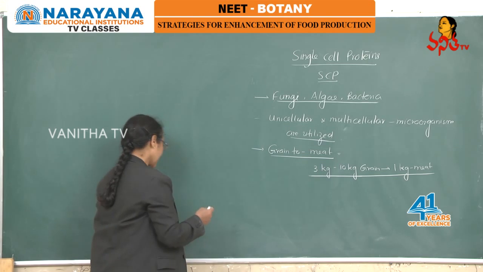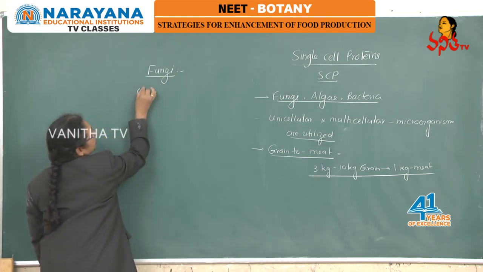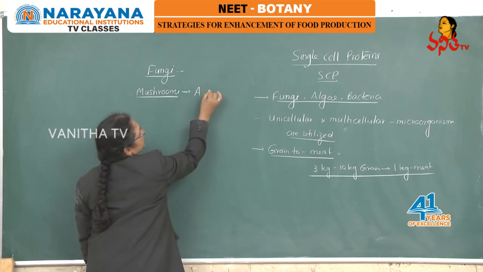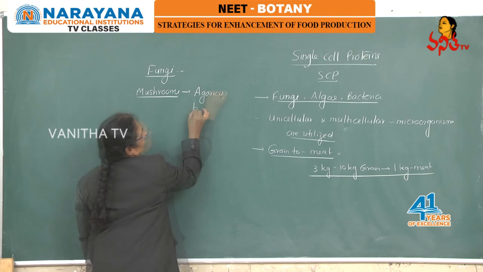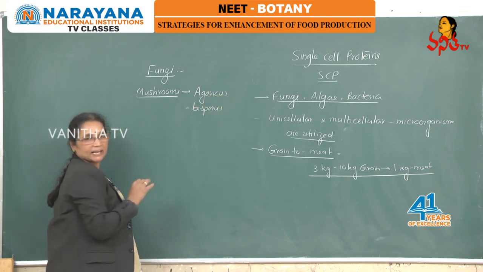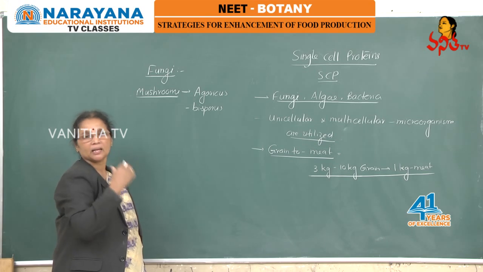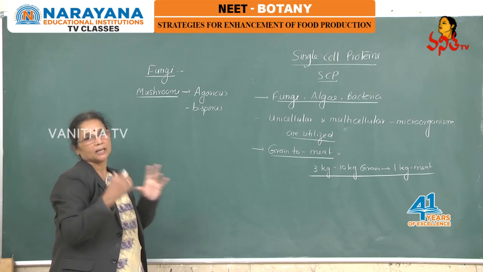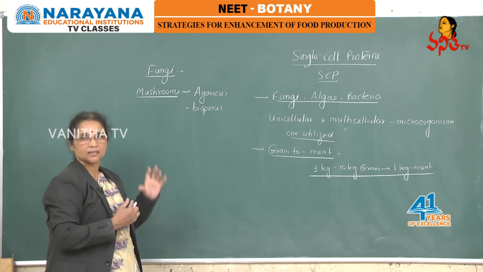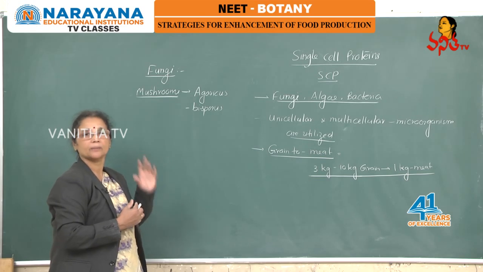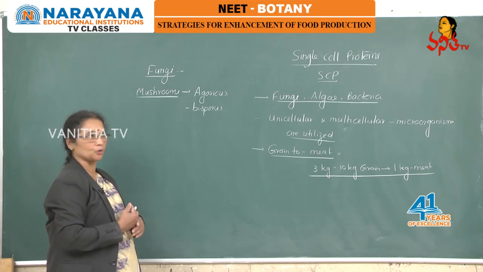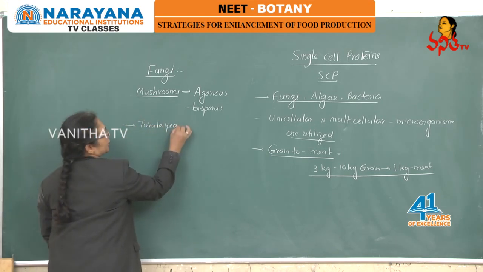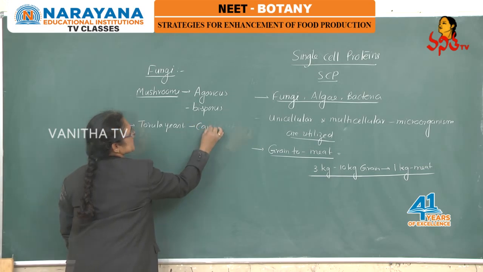Let us see. In fungi, you know very well about mushrooms, which come under Basidiomycetes. The commonly used mushroom is Agaricus bisporus. It is a commonly edible mushroom, and now the production of these mushrooms has become a small scale industry, and it is an accepted food material by all people. Then the other one is Torula yeast, Candida utilis.